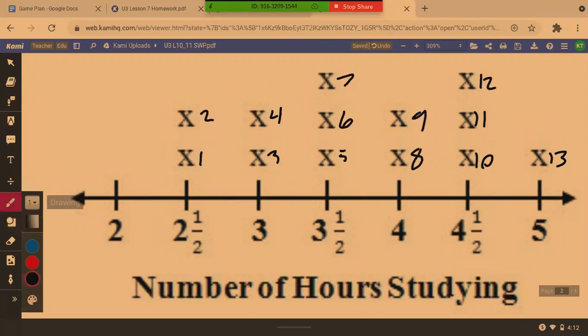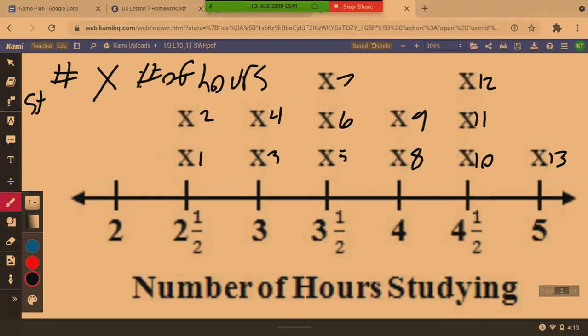Well, Ms. Tharp, how do we do that? Simple. We are going to take the number of students and multiply it by the category. So 2.5 hours. So 2 students, so number of hours, so number of students multiplied by the number of hours in each category.